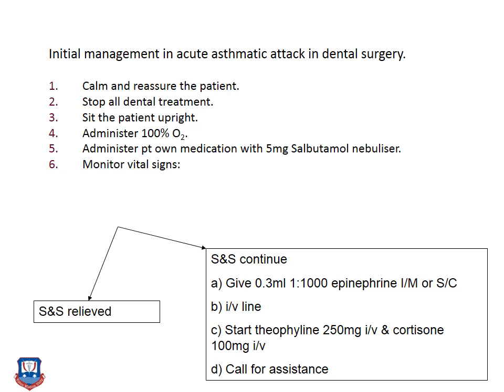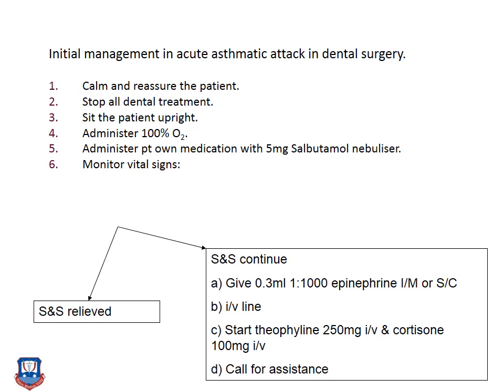Then administer the patient's own medication with a 5 milligram salbutamol nebulizer. If a patient has come with his own nebulizer, that's good. It's good if the dentist asks the patient to bring his own medication and nebulizers, so that if there's any attack at the time of the dental treatment, he can use it.